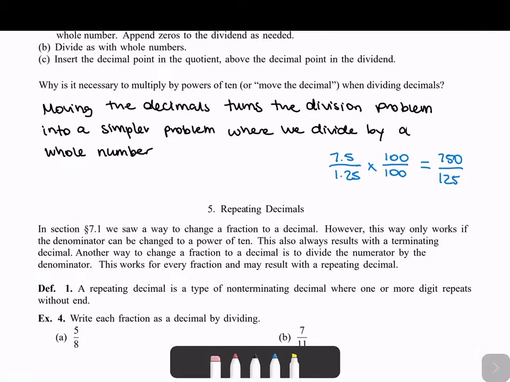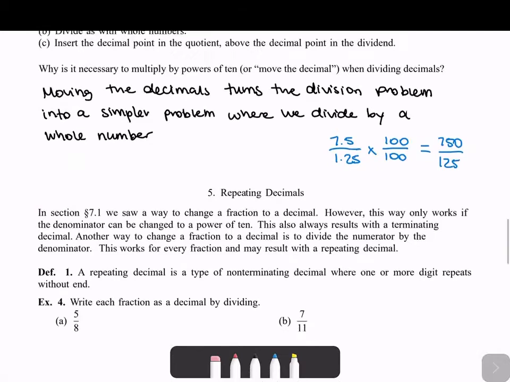Now I'm going to talk about repeating decimals. In section 7.1, we saw how to change a fraction to a decimal. And this only works if the denominator can be changed to a power of 10. We saw that whenever the denominator has a prime factor of 2 or 5, we have this easy way to change it to a decimal.